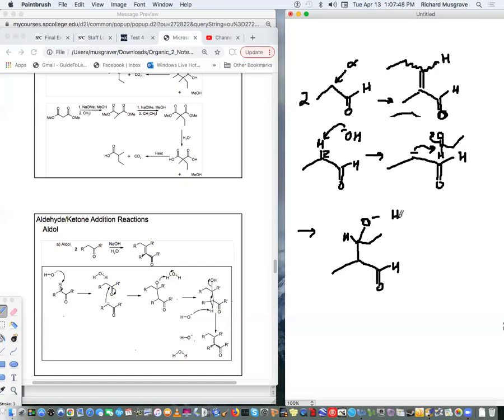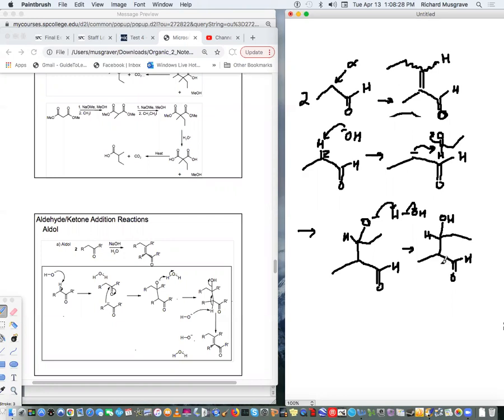And then the O minus can take a hydrogen off the water that's already in the solution, which regenerates OH minus, by the way, so it makes it catalytic. And this is where we end up getting what's called the aldol, because it's an aldehyde and an alcohol. So there's two of those groups there. That's why it's called the aldol reaction, because we have an aldehyde and an alcohol group, aldol.